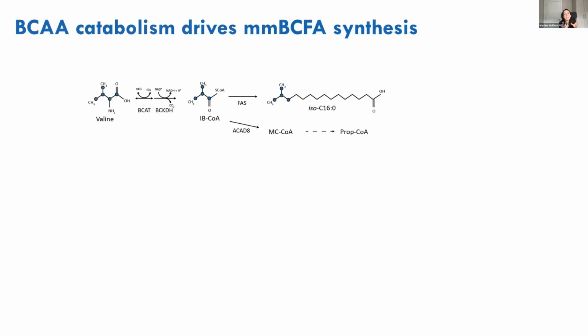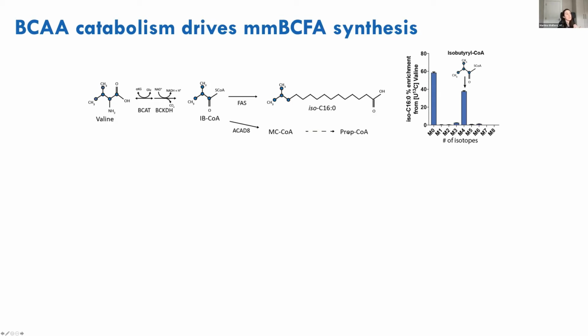So considering that these were being made de novo, of course we hypothesized that the branched part of the chain was coming from branched chain amino acids. To figure out where exactly in the pathway they were coming from, we traced with the different branched chain amino acids and looked at the label incorporation into the fatty acid. What we found was that, for example, when we traced with valine, we saw a very distinct mass increment of 4, which was coming from isobutyryl-CoA, the product of the BCKDH reaction.